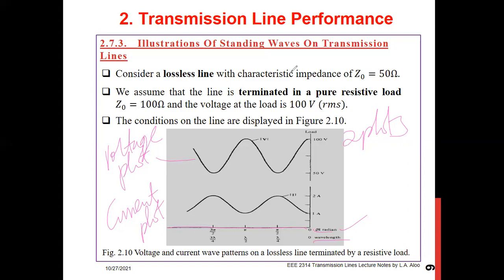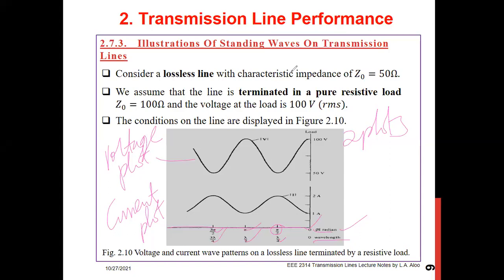In lambda, okay? So if we begin from 0, this one will be a half pi radians, and it will correspond to a quarter wavelength. Pi radians will correspond to a half wavelength. 3/2 pi radians will correspond to 3/4 wavelength.